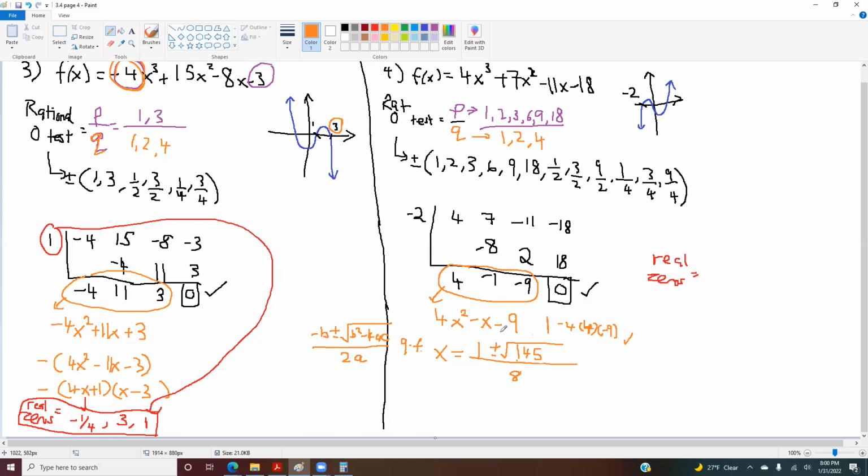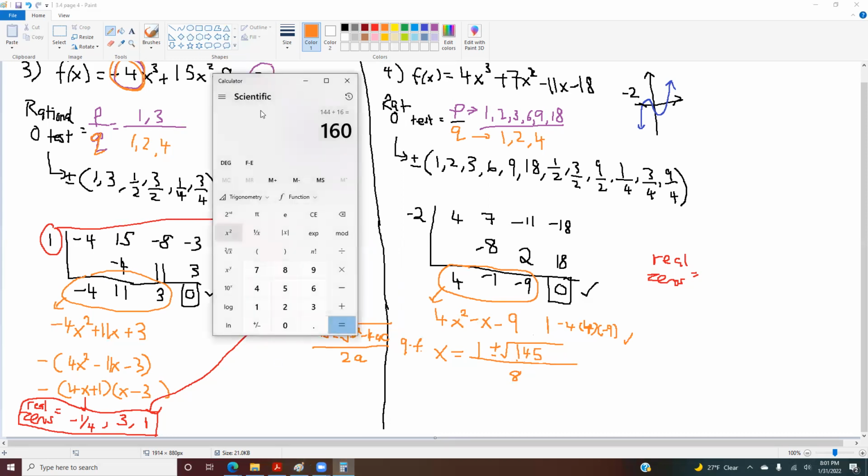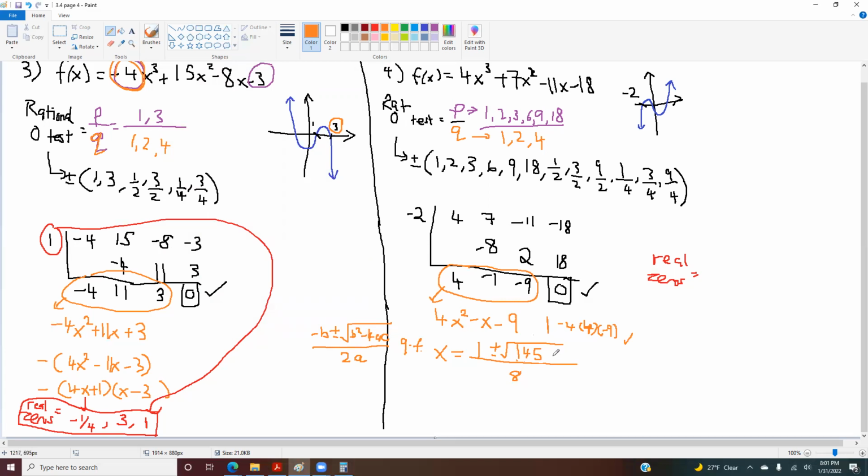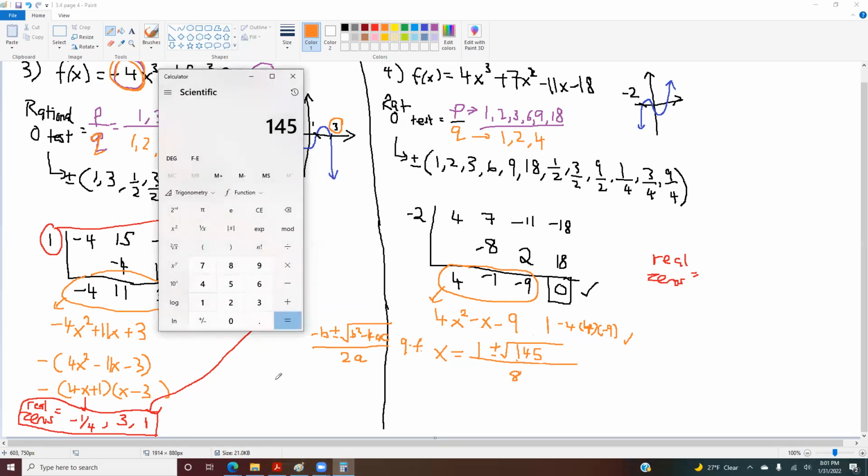So class, do not leave your answer like this. You have to simplify your 145. You have to figure out, can we break 145 up? It must be a perfect square, so you have to divide this by a perfect square like 4.